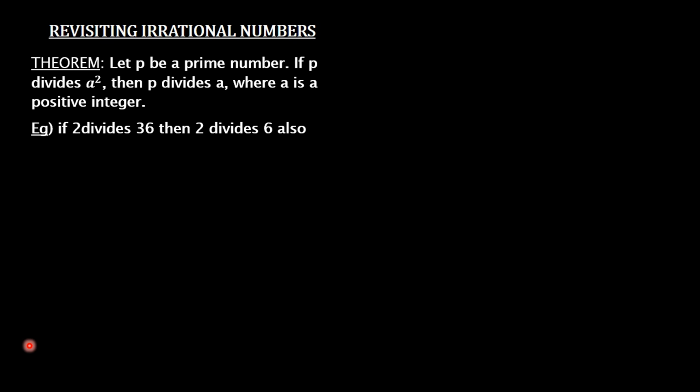Then our first result in this chapter: prove that root 2 is an irrational number. In previous classes itself, you have studied that root 2 is an irrational number. Why is root 2 an irrational number? Because its decimal expansion is non-repeating and non-terminating.